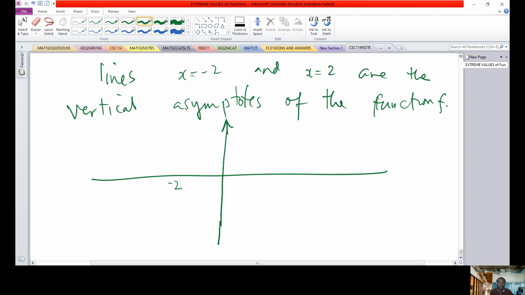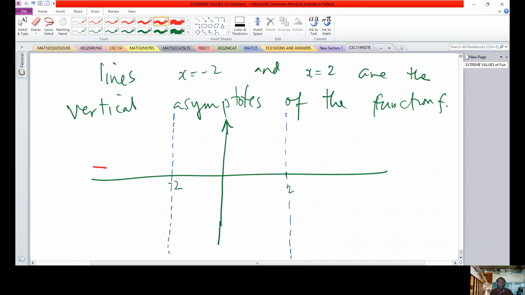So say this is -2, this is where we have 2. So here we have vertical asymptotes. Because we have seen that from -infinity to -2, the graph is concave up. So this is the shape of the graph.